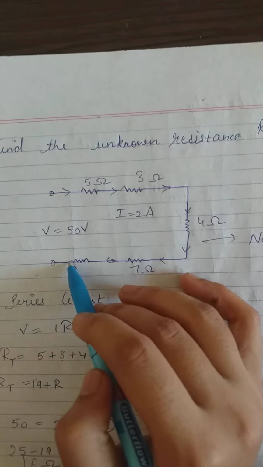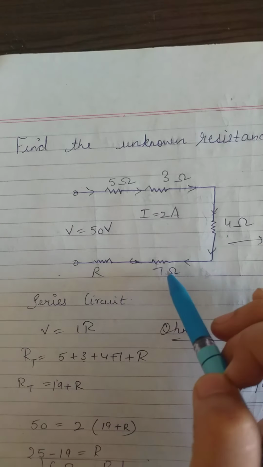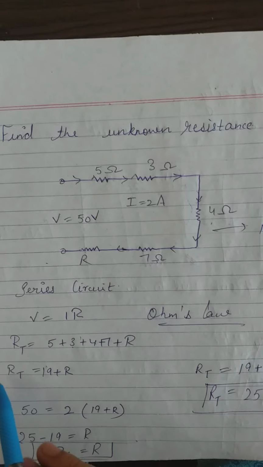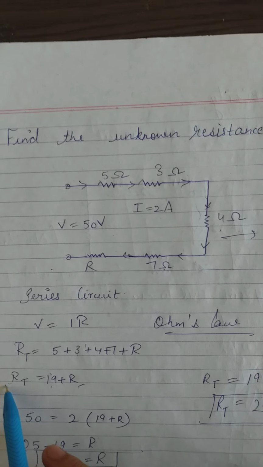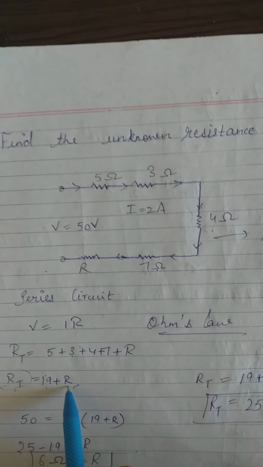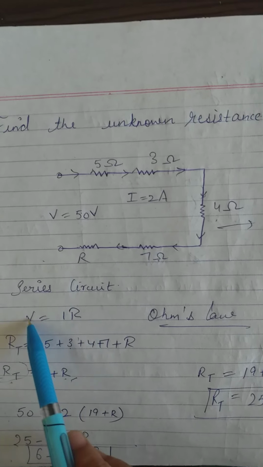You have to add the resistances, that is 5 plus 3 plus 4 plus 7, which comes out to be 19 plus R, the total or unknown resistance. According to Ohm's law, V is equal to IR.